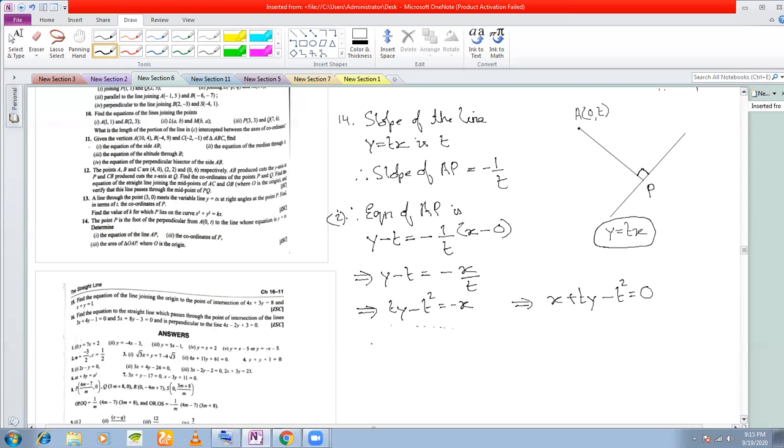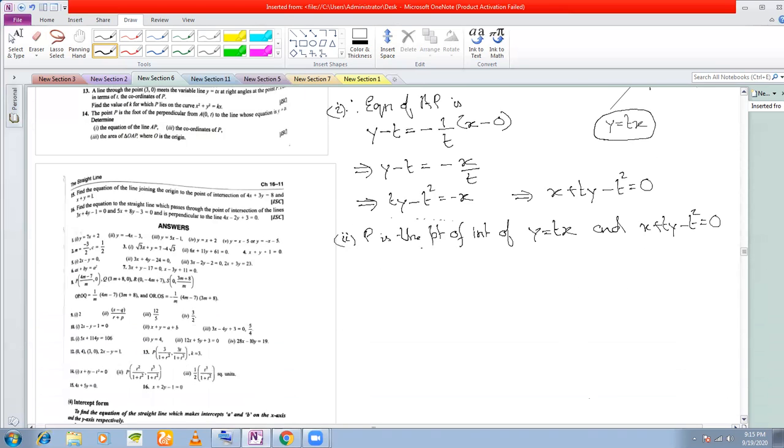The next question is the coordinates of P. Now, P is the point of intersection of these two lines: y is equal to tx and x plus ty minus t square is equal to 0. You solve these two equations.